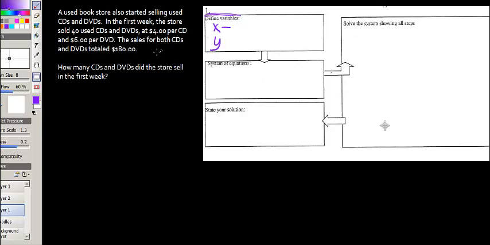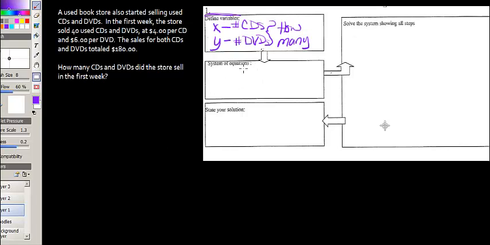So X is going to be the number of CDs, and Y is going to be the number of DVDs. Don't get hung up on which is which, because it doesn't matter. You'll get the right answer either way at the end. Make sure you realize you're not talking about how much they cost. You already know. It's how many did they sell.